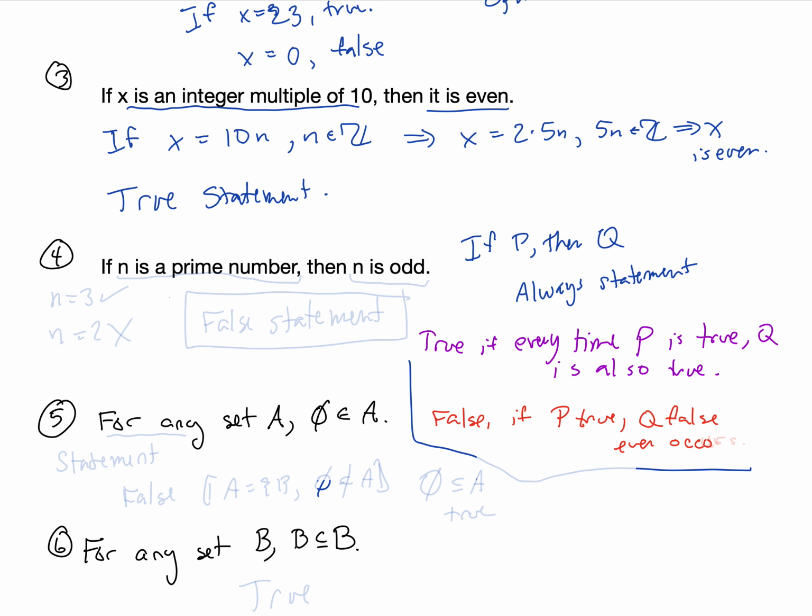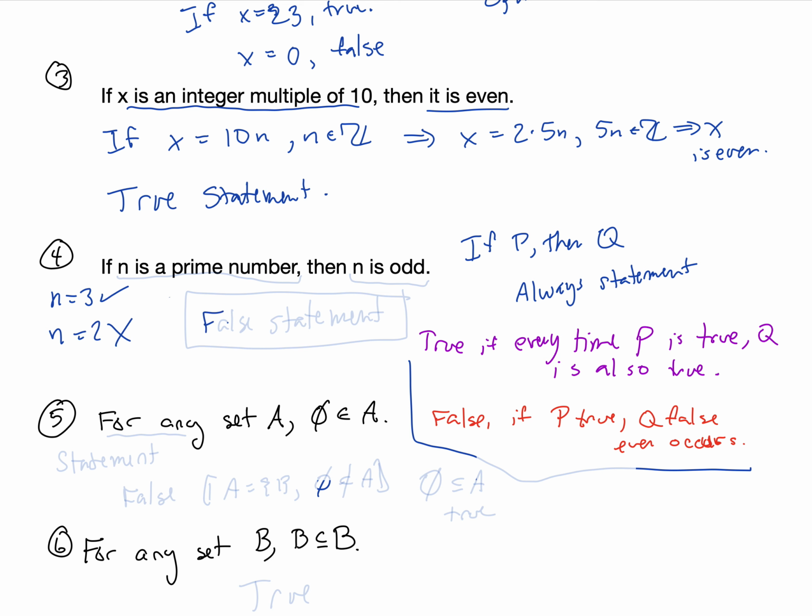Why is that? What this statement is saying is that if n is a prime number, then n is odd. So anytime that n is a prime number, n must be odd. If that is ever false, then the overall statement is going to be false. In this case, n equals 3 is both prime and odd, but n equals 2 is prime and not odd, right?